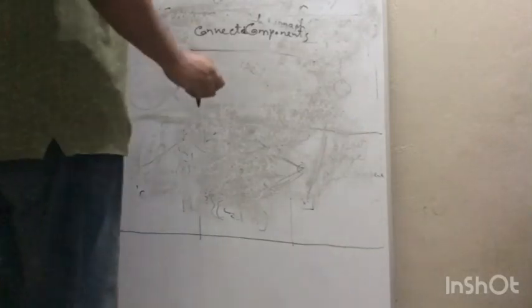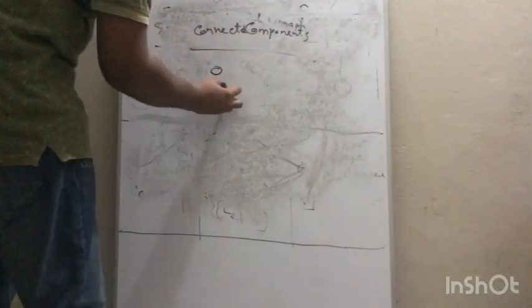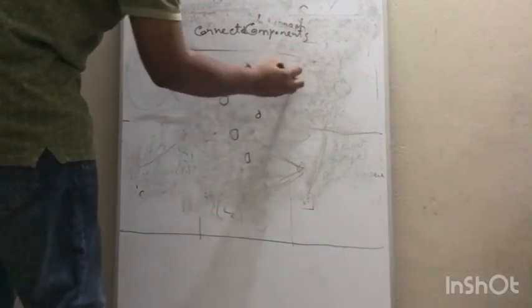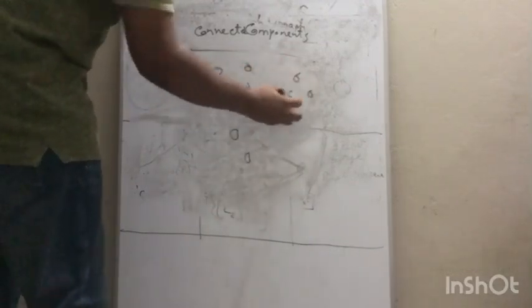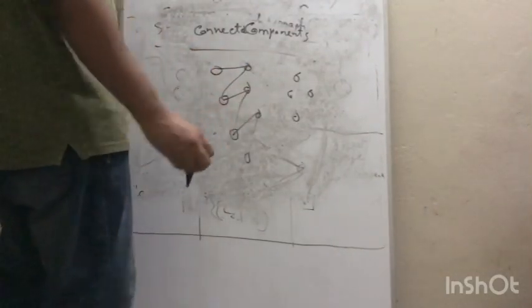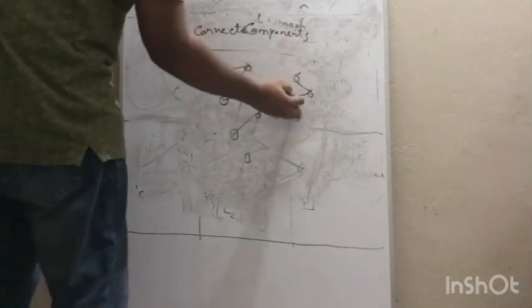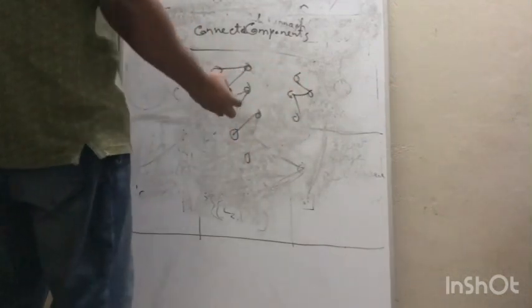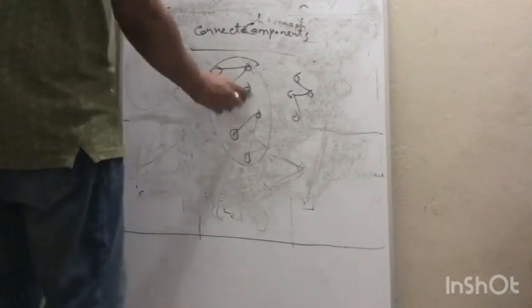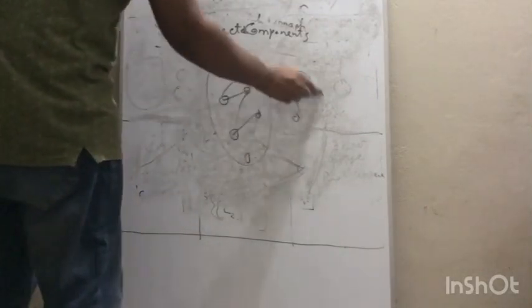Suppose I have a graph here. We see this is a larger connected graph, and this is another connected graph.